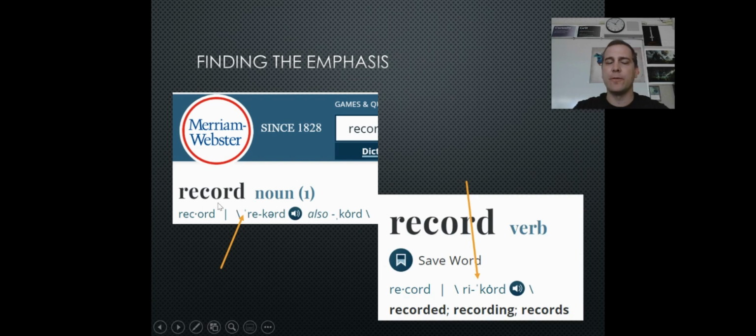So when we use the noun form of record, RE is stressed. When we use the verb form, record, the cord is what's stressed, right? We have the little apostrophe right in front of it. And so if you absolutely need to know the stress of a word and where the stress is located, you can look it up in the dictionary.